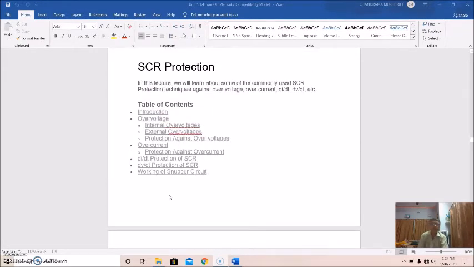There are different protections of SCRs, like overvoltage, overcurrent, DIDT protection, DVDT protection, etc. We discussed how the snubber circuit is useful for protection against DVDT, etc. Now we will discuss in detail these types of protections.